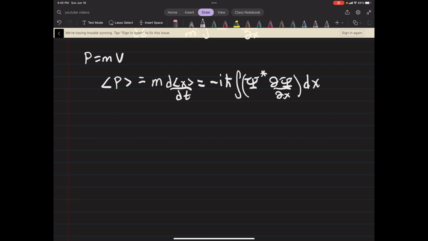And one way you could write them is expectation value of x equals the integral of psi star x psi dx. So this is somewhat of an operator. In this case, the operator of x is just x, so it doesn't really matter, but with momentum it actually will.